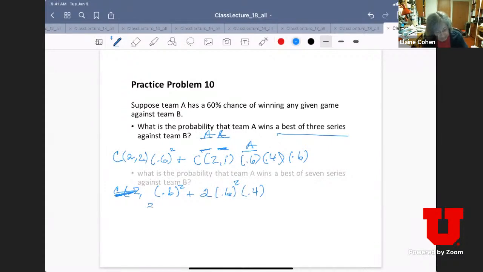And if I add them together carefully, I get 0.6 squared times (1 plus 0.8), which is 0.36 times 1.8. Okay?